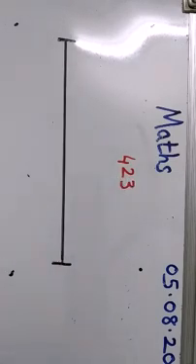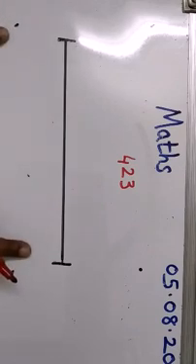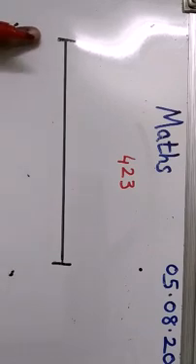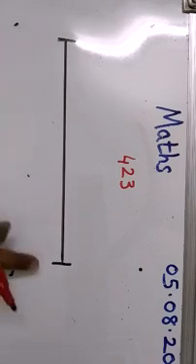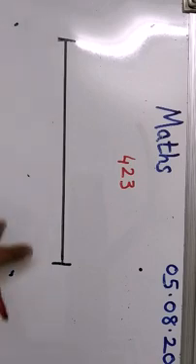What we need to do when we have to round the number to the nearest 10: first we need a number line, okay? Then we have to decide our two benchmarks. What number goes on each side of the number line?